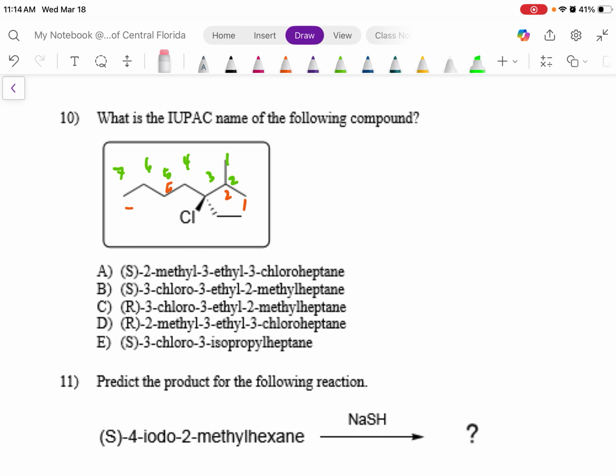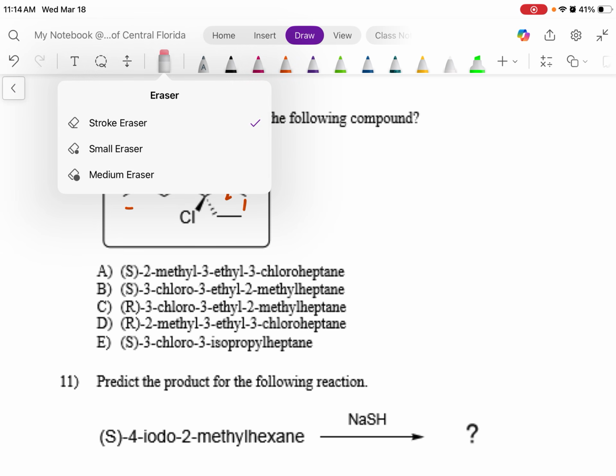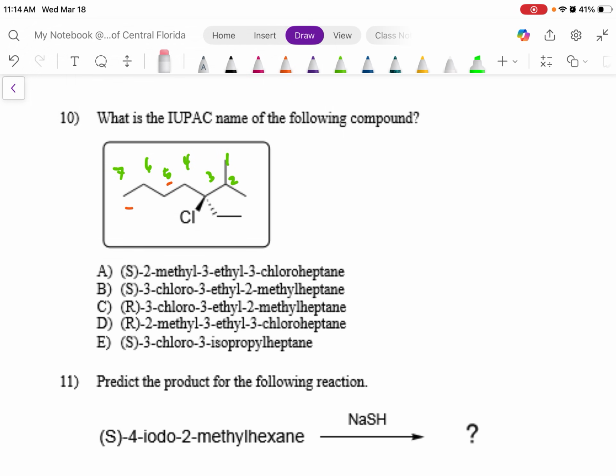And so now it begs the question, which one between green and orange? And the answer is they're exactly the same. So it does not matter. So let's just stick with the green for right now. Now, why don't we number it this way, 1, 2, 3, 4, 5, 6, and 7, in that order?